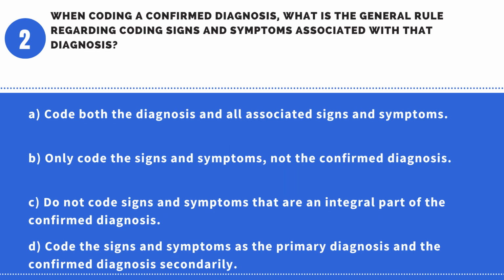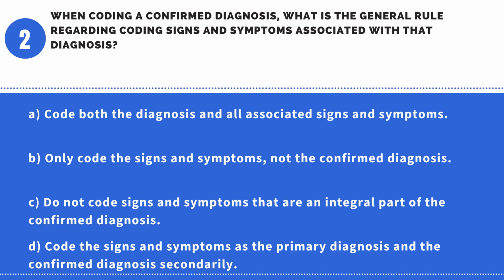Question 2. When coding a confirmed diagnosis, what is the general rule regarding coding signs and symptoms associated with that diagnosis? A. Code both the diagnosis and all associated signs and symptoms. B. Only code the signs and symptoms, not the confirmed diagnosis.